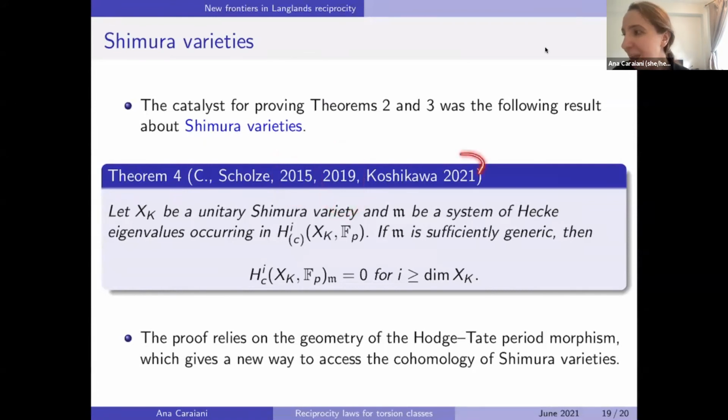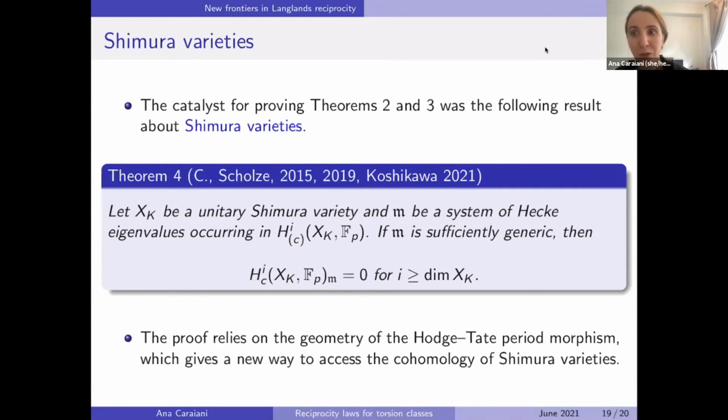And actually today, Teruhisa Koshikawa posted a paper on the arXiv where he gives an alternate approach to this theorem, where he uses some of the geometric results that we established, but gives a different way to conclude in terms of cohomology.